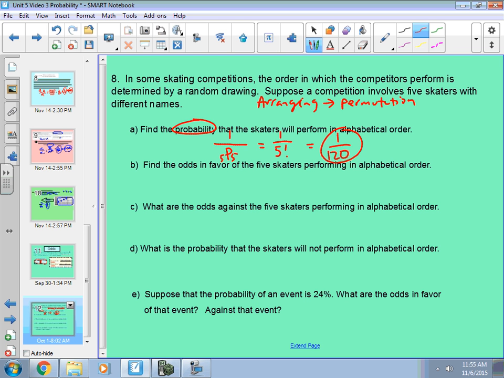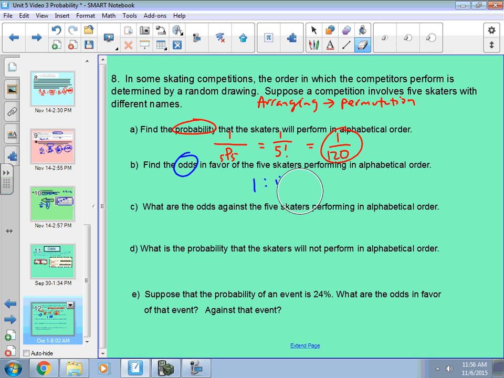B says find the odds in favor of 5 skaters performing in alphabetical order. Now notice this problem says odds, not probability. Well, we know there's, again, one way that this can work. But here we don't want to put 120. That's the total.